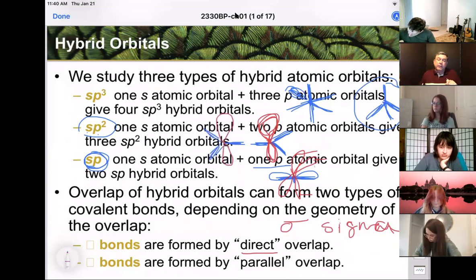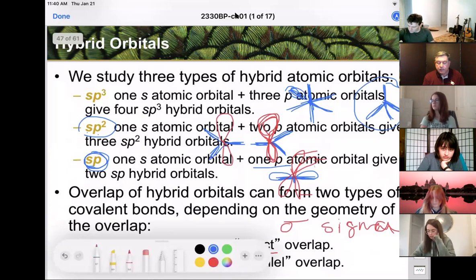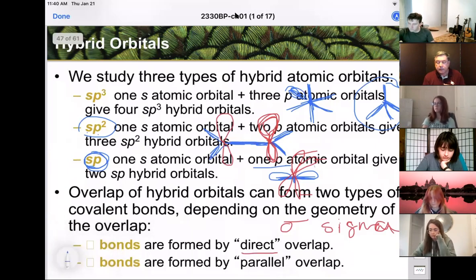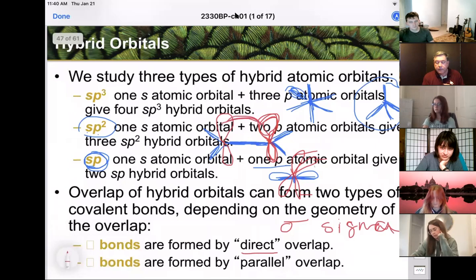You cannot directly get that p orbital to p orbital because the space is already occupied by this hybridized bond in the middle. So we call that a parallel overlap, where it's overlapping above and below the direct overlap bond.